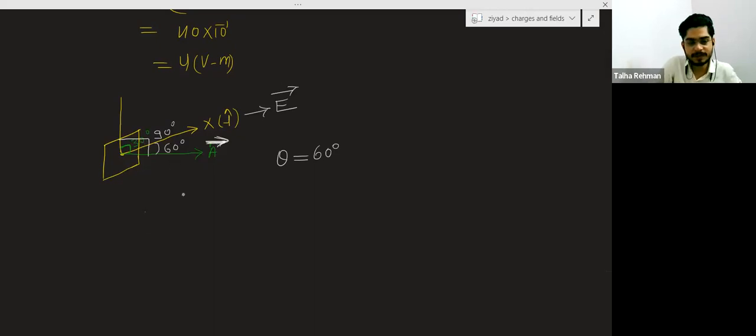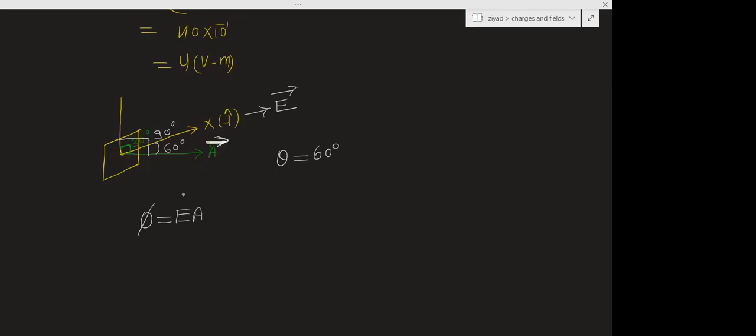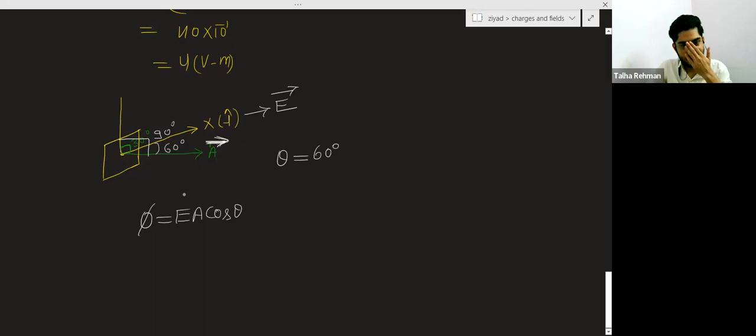Now we can apply this formula: phi is equal to EA cos theta. Or you can also solve it with the help of the vector, but I think this will be easier for you.